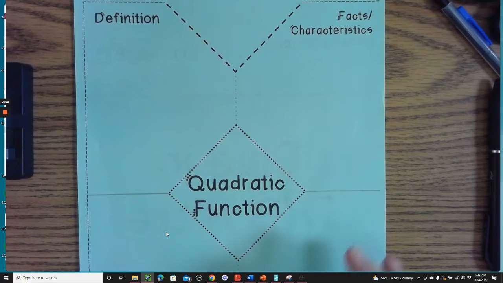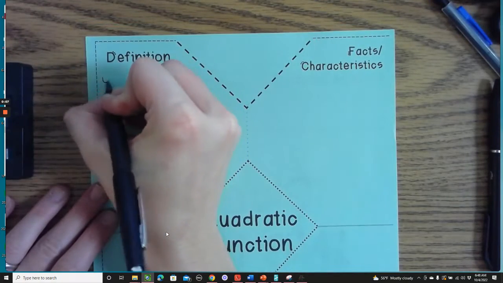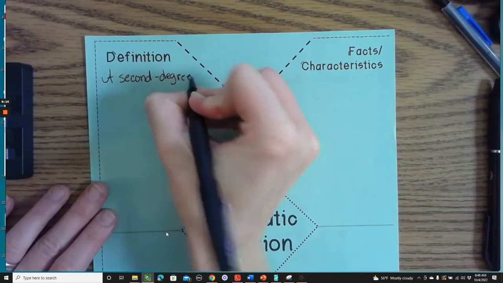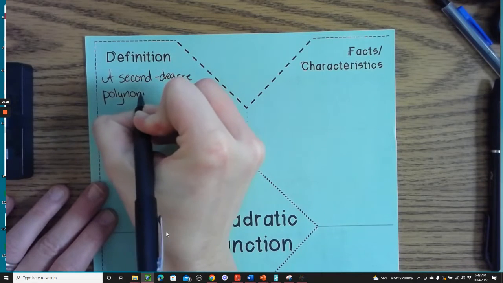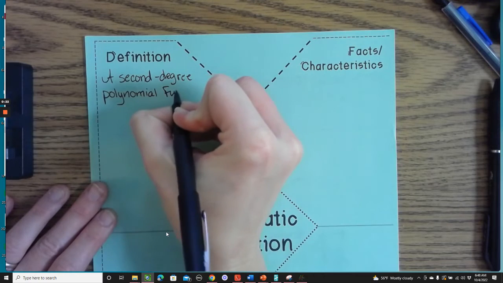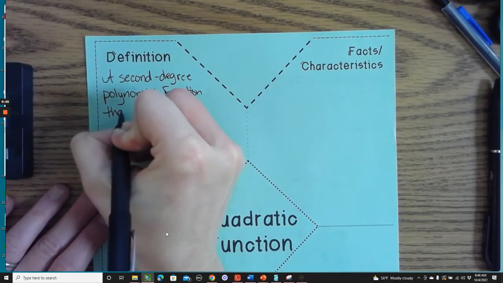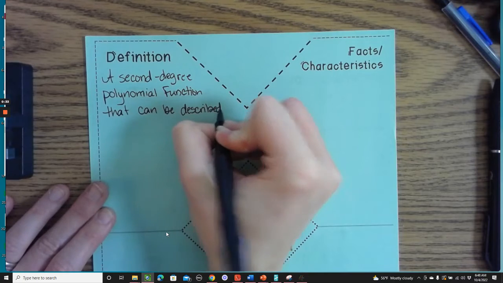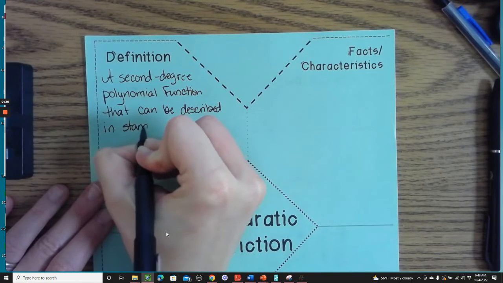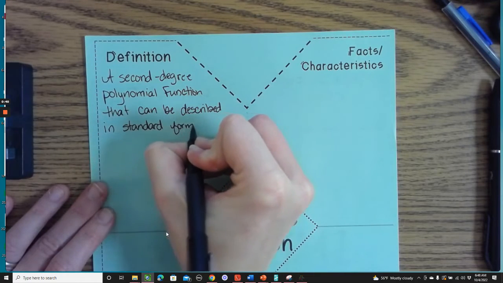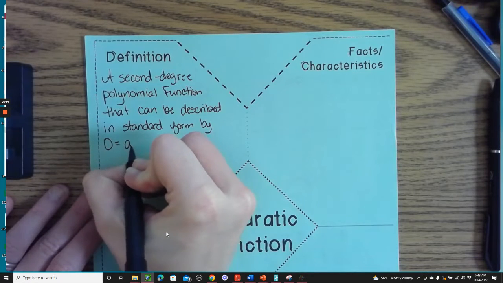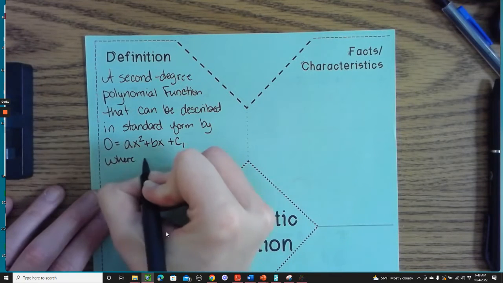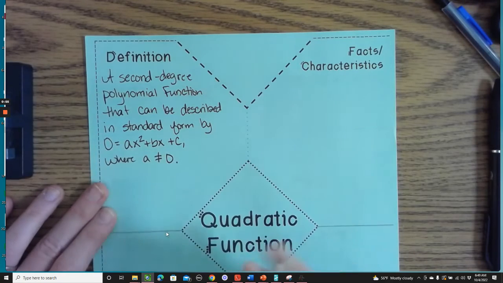This video is for the quadratic function Frayer model. So a quadratic function is a second degree polynomial function that can be described in standard form by 0 equals ax squared plus bx plus c, where a cannot equal 0.